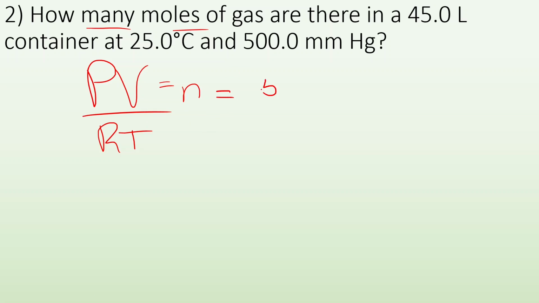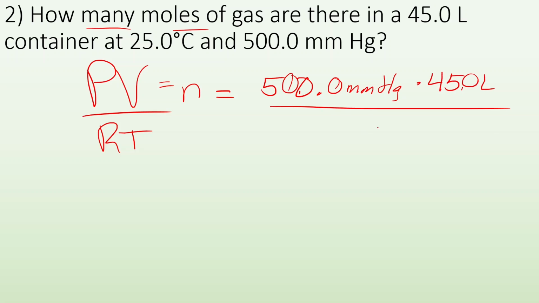My pressure, I've got 500.0 millimeters of mercury times my volume of 45.0 liters divided by the R. If I'm using millimeters of mercury, it needs to be 62.36 millimeters of mercury times liters over mole Kelvin.